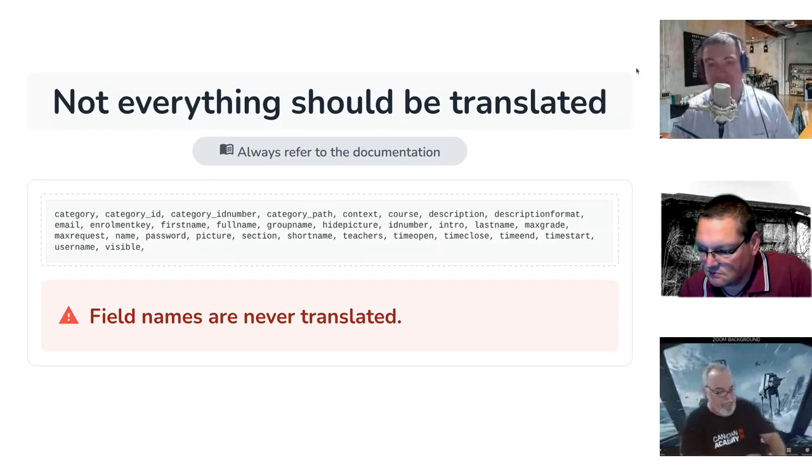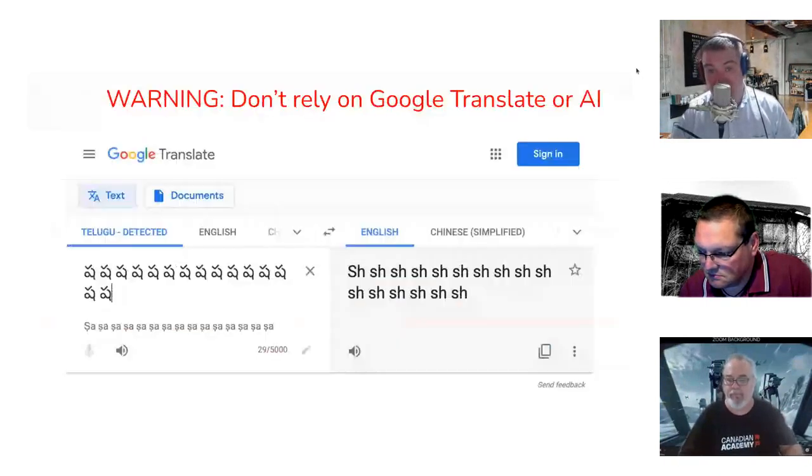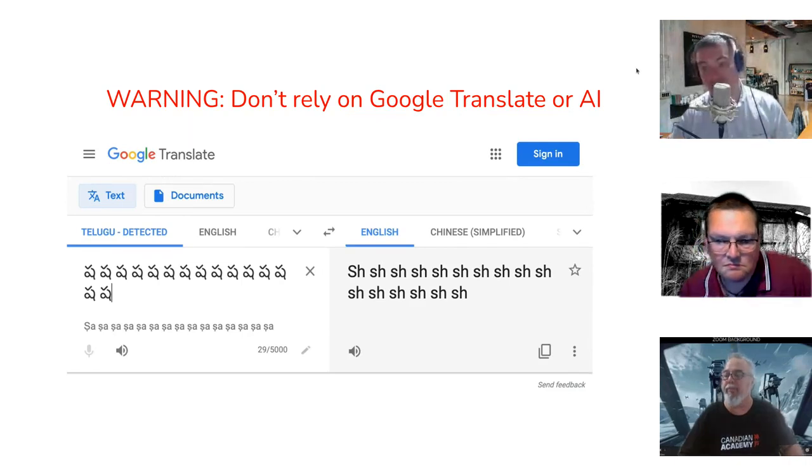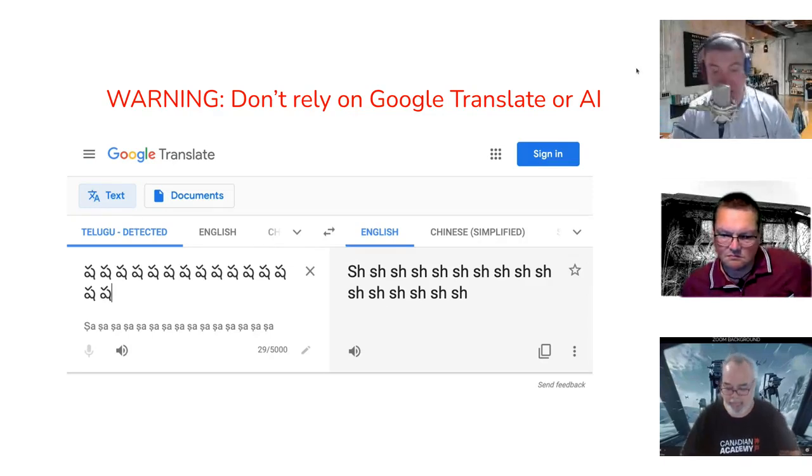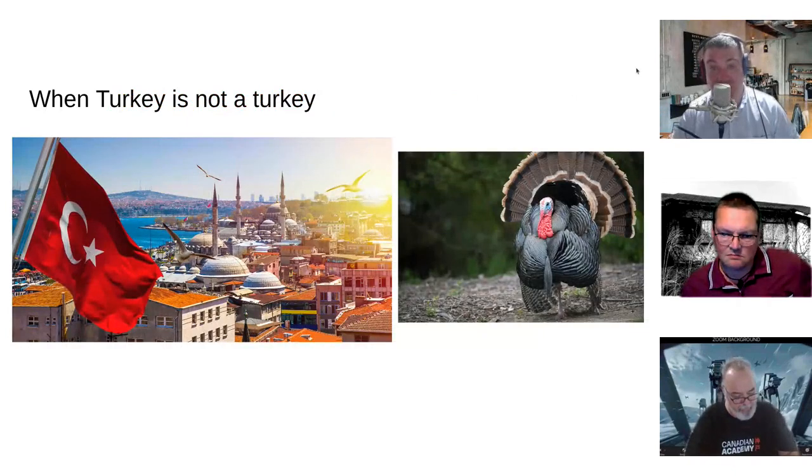When it comes to using basic translation tools, yes, but relying, for example, on Google Translate or AI is sometimes tricky. It's a little bit dangerous. And within Building Market, we had a mini crisis at one point because a turkey is not Turkey.